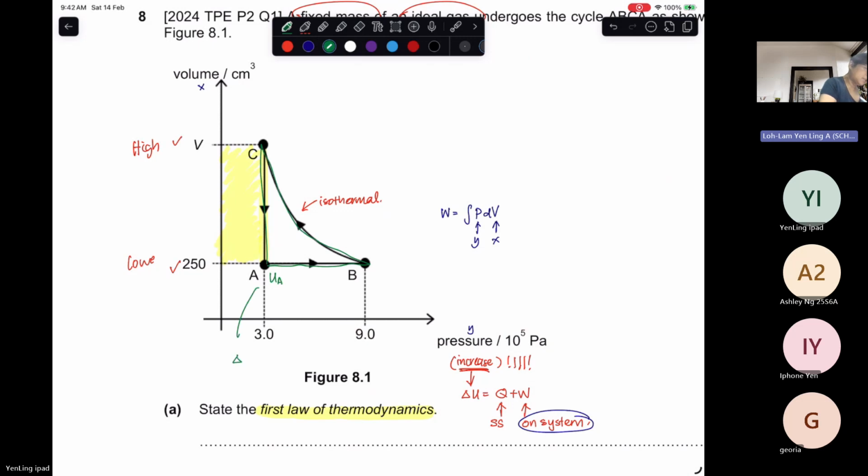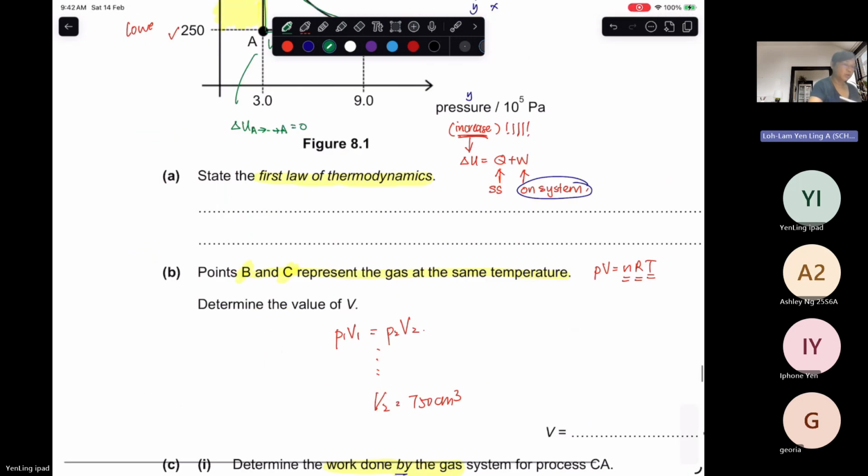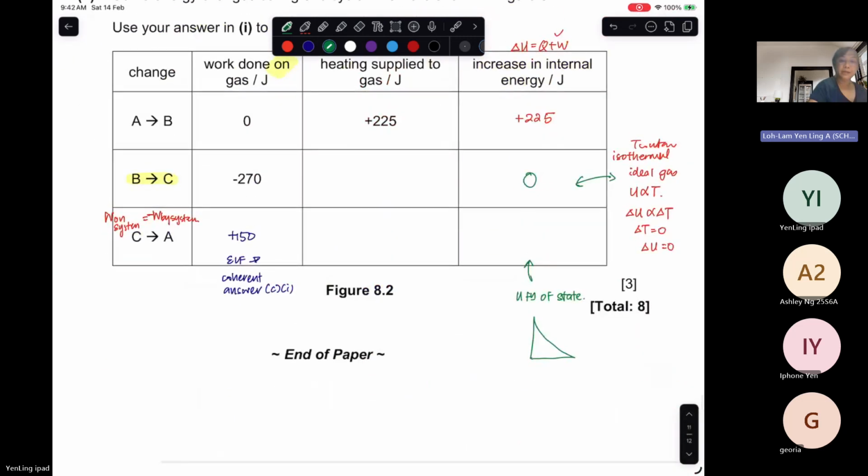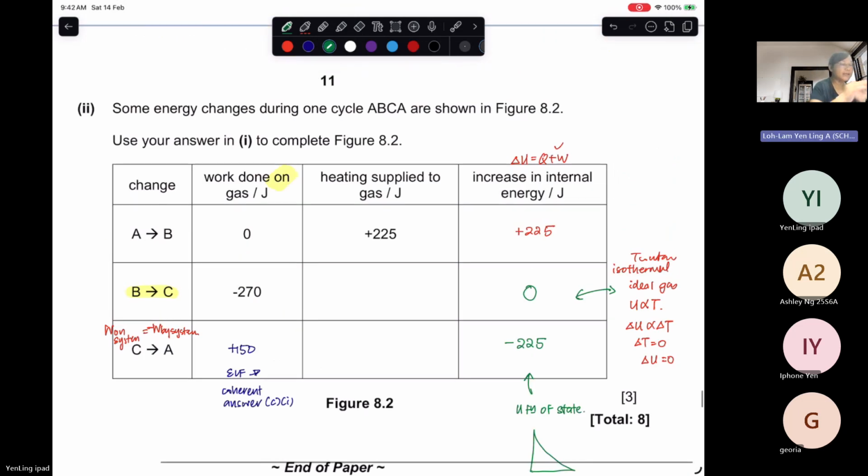So my change in U is from A all the way back to A, it is 0. So when I sum everything up, it must be 0. So this is minus 225. And once I've got that, Q is something you cannot determine from the graph.